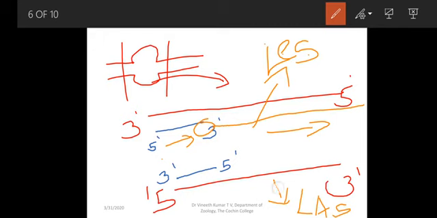This newly synthesized strand is called the lagging strand, because it cannot synthesize any DNA continuously. In this primer, there is no free 3 prime end. The 3 prime end is here, and you cannot synthesize anything in this direction, because the DNA polymerase is moving in this particular direction.